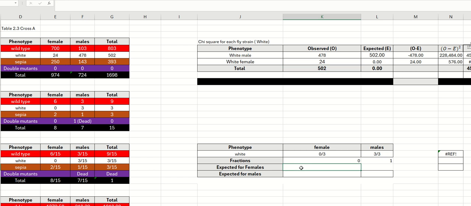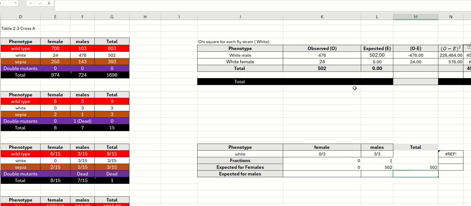I need to multiply the total, 502, by the fraction, which here will be 0, and I drag this down. That will give me a total of 502 if I add it, but here it is 0.